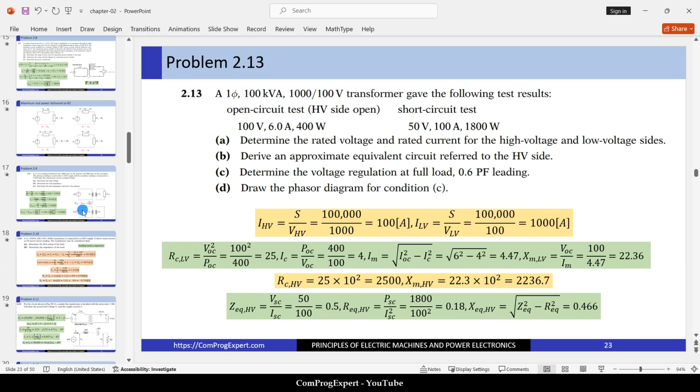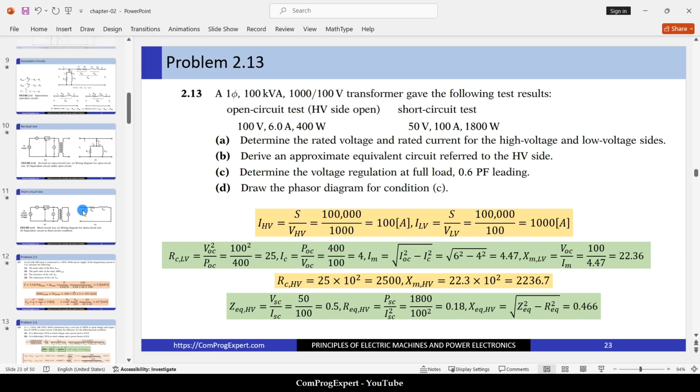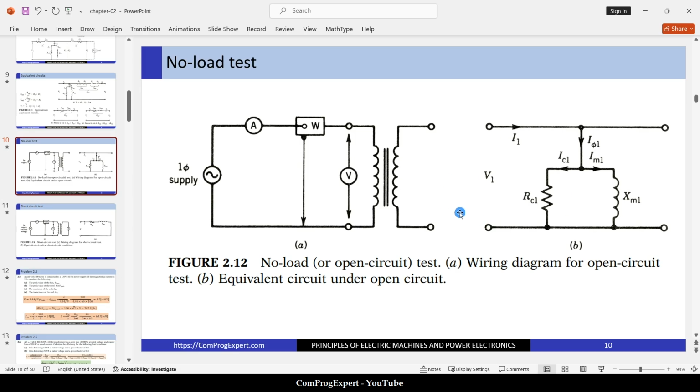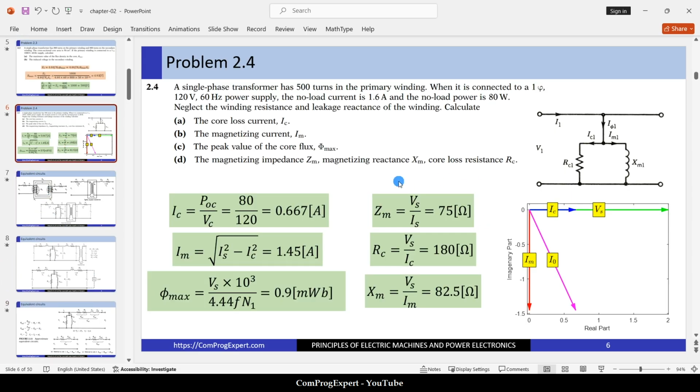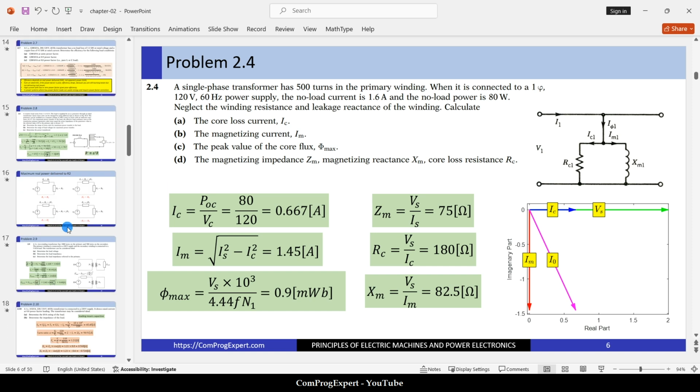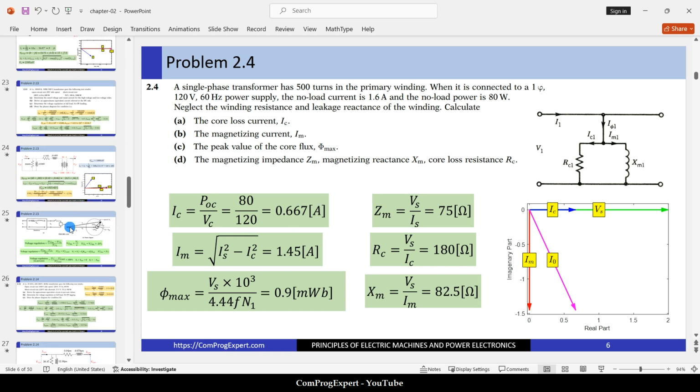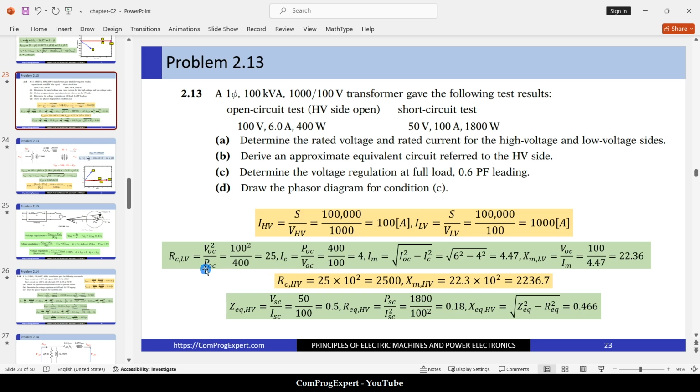This is the circuit for the open circuit test, and we solved a similar problem here, problem 4. This is the vector diagram, and these are equations used to calculate RC and the magnetizing inductance. So just let's use them here.